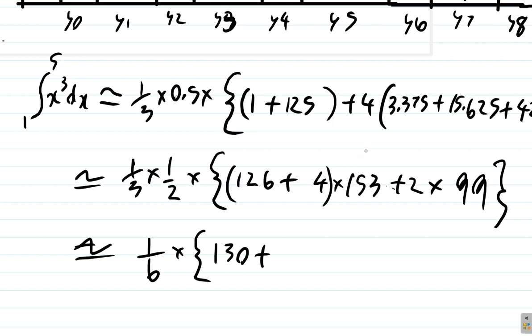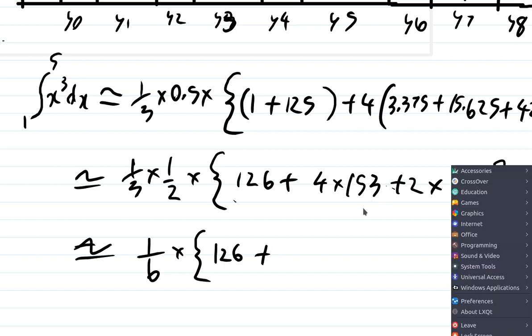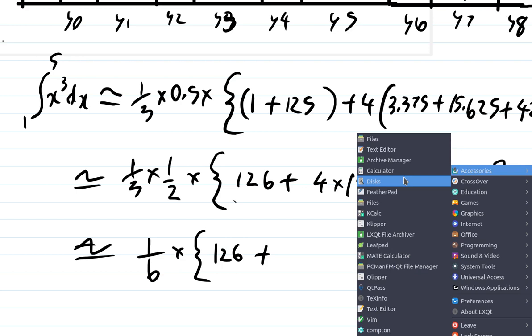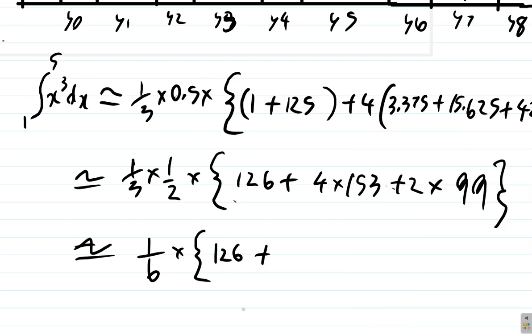This is 126 plus 4. Oh my. Something wrong here. Yeah, it's 126 plus 4 times 153 is what I should have here.